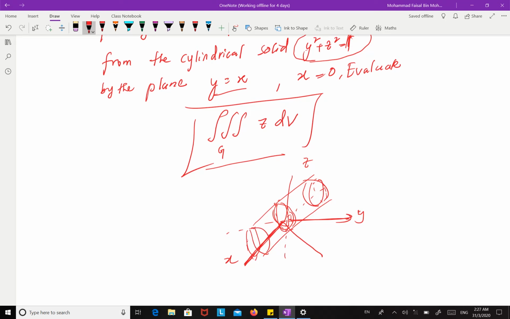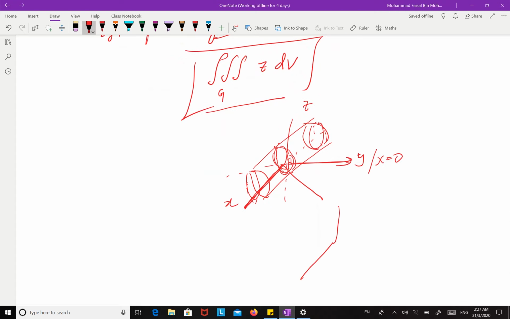If you cut with y equals x and x equals 0, which means here, so I put y equals x here, somehow it is 45 degrees from the x and 45 degrees from y, z, and then you have a curve.